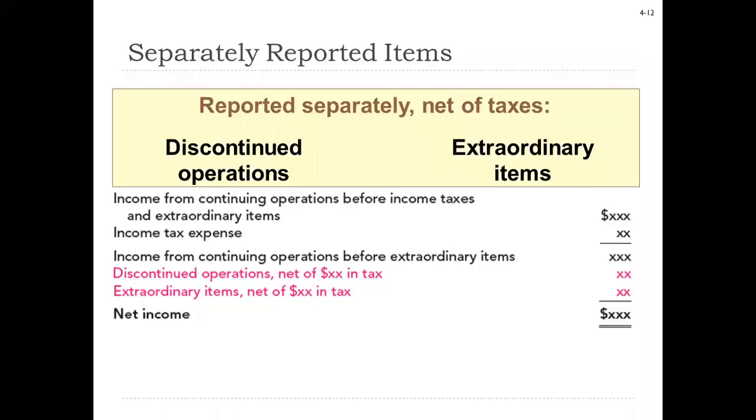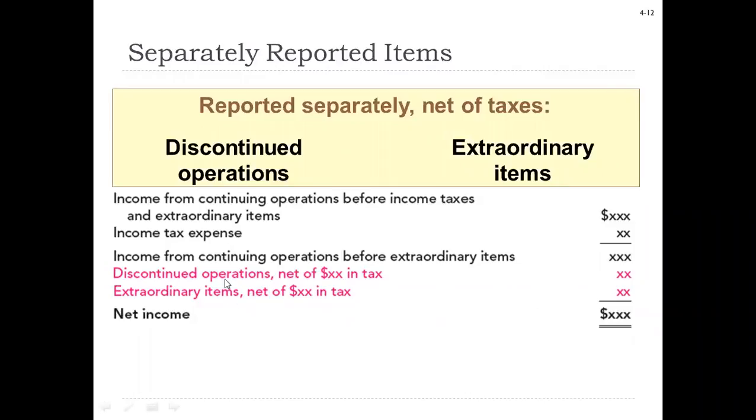It could be a major product that they discontinue. It may be a segment of their business, a product line, for example. It may be a major geographic location that they discontinue. So if they get rid of a major segment or major portion of their business, that's considered to be a discontinued operation. And you have to show that separately.